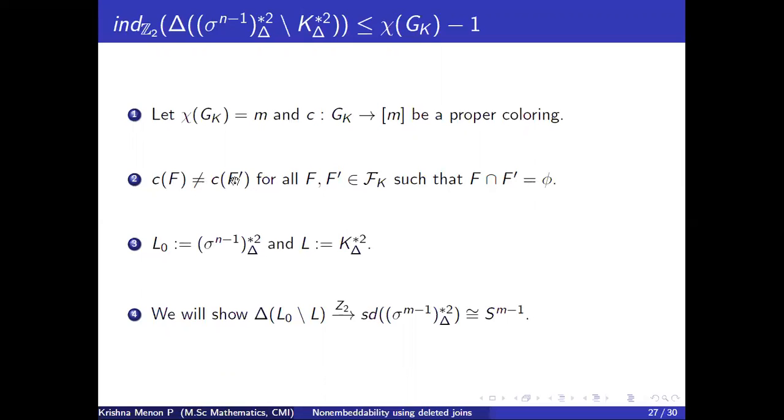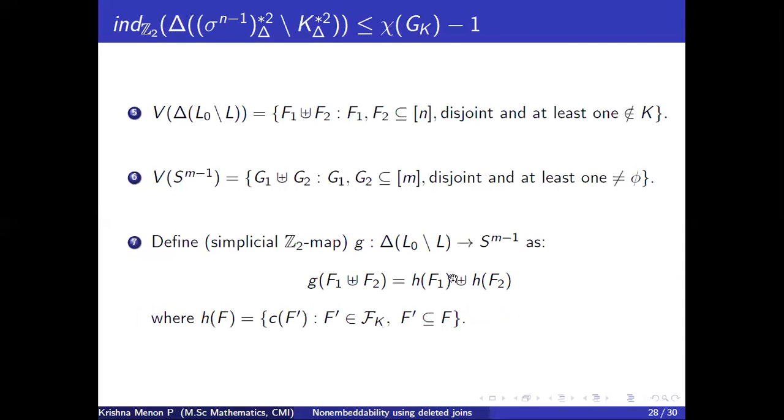Okay, and then just representing this simplicial complex by L0 and this by L, what we need is a Z2 map from Δ L0 minus L to S^(m-1), because we want its index to be less than or equal to m minus 1. And the triangulation for S^(m-1) we'll use is this. Okay, because we are concerned about sets and disjointness and all, this will be a very convenient triangulation.